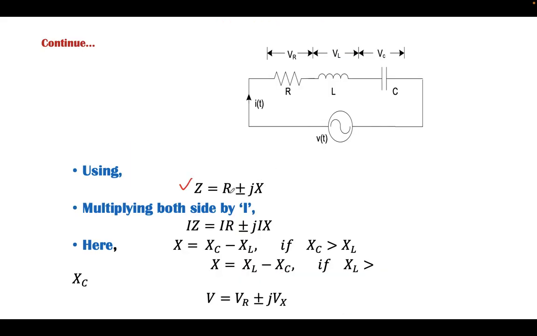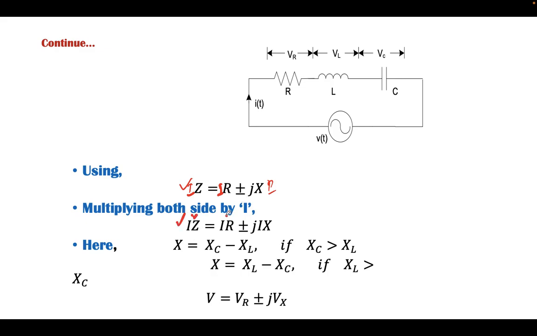Now here Z will be R plus minus jX, because the sign is not defined. In this state we don't know whether XL is greater than XC, or XC is greater than XL, and hence we are taking the common notation, that is plus minus. Multiplying both sides by I, I into Z is nothing but V, the applied voltage.